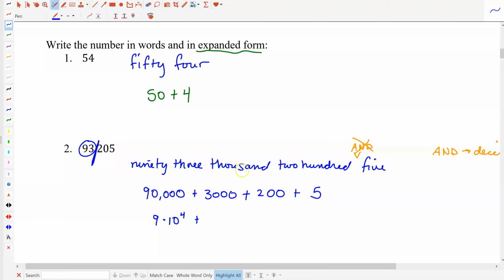Since the 3 is in the 1,000 spot, we can write that as 3 times 10 to the 3rd power, so that's 3 followed by 3 zeros. The 200 I could write as 2 times 10 to the 2nd power, or 2 followed by 2 zeros. And the 5, because it's in the unit spot, I can write that as 5 times 10 to the 0th power. Anything raised to the 0th power is 1, so this is just a fancy way of writing 1.